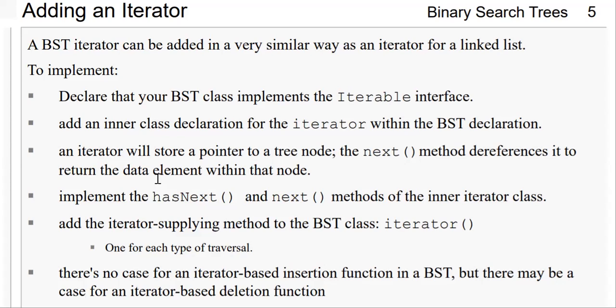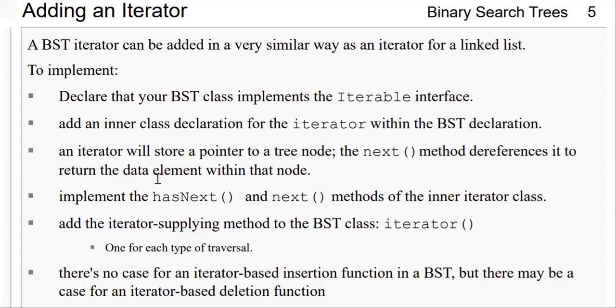An iterator will store a pointer to the tree node. The next function dereferences it to return the data element within the node. By implementing the hasNext and next methods, we supply the binary search tree class with an iterator function.